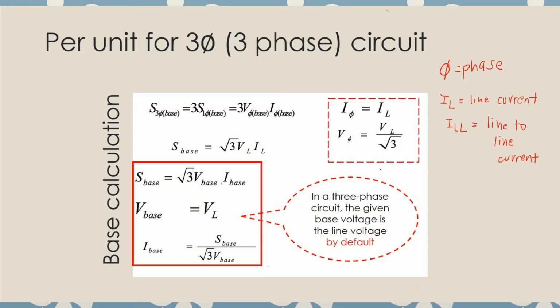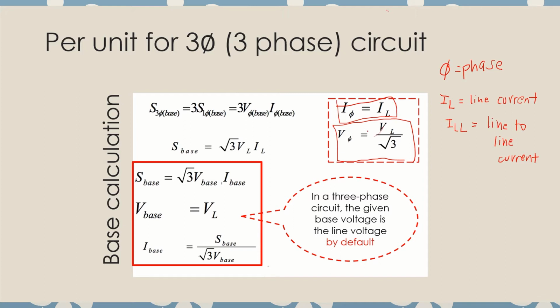For example, this is the most important formula: for the current, the line and the phase current are the same, but for the voltage, the phase voltage is equal to the line voltage divided by square root of 3.